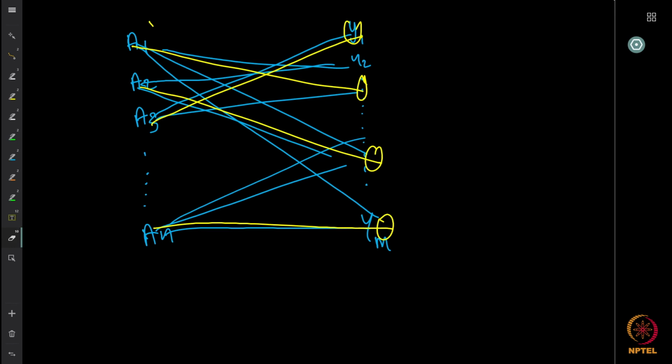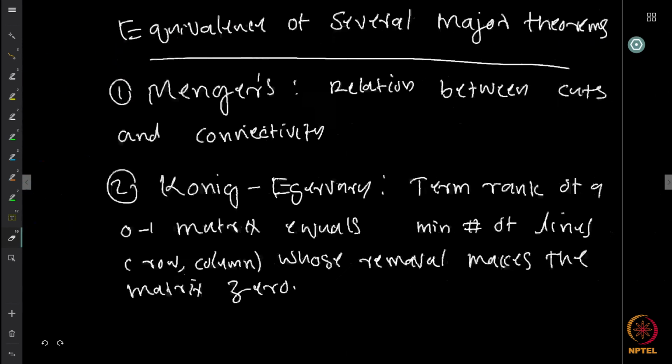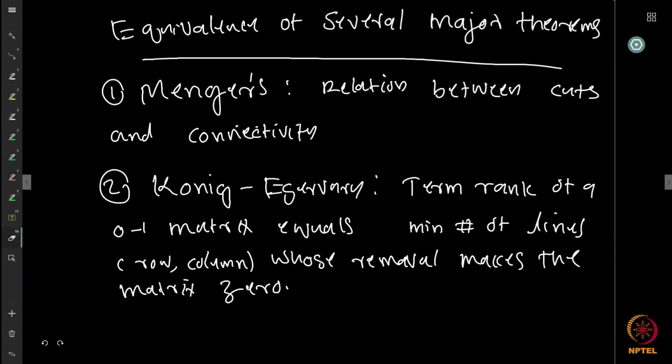One can be obtained from the other. I did not prove all the directions, but you can take it as homework. But they are also equivalent to many other theorems. Okay? So I am going to show the equivalence of 7 major theorems, 7 or 6, I don't know, in combinatorics, which are all equivalent to Menger's theorem, for example.